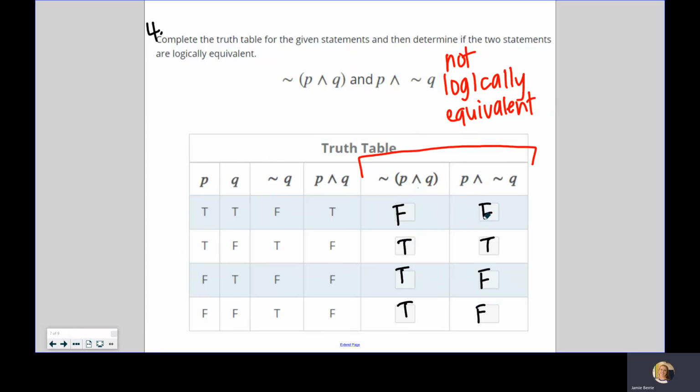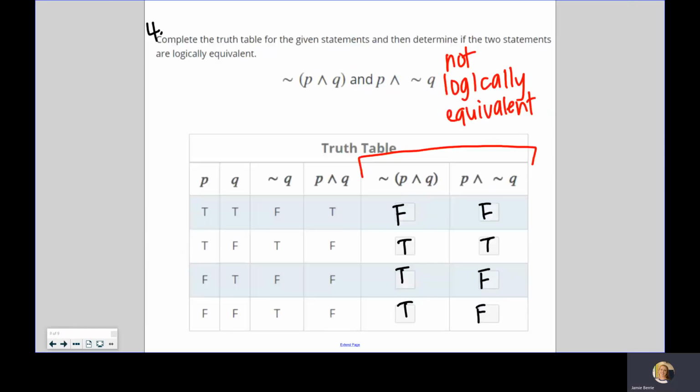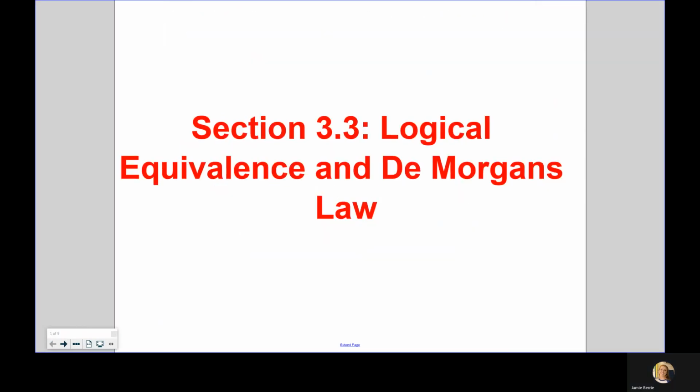All right, you guys, that is everything for this section. If you're looking down here at the bottom and you're like, oh, it says 799, it's just these last two pages are blank. If you have any questions about this section, please let me know.